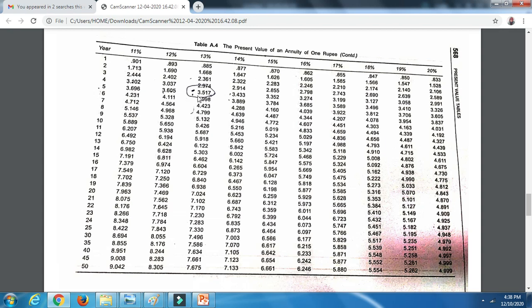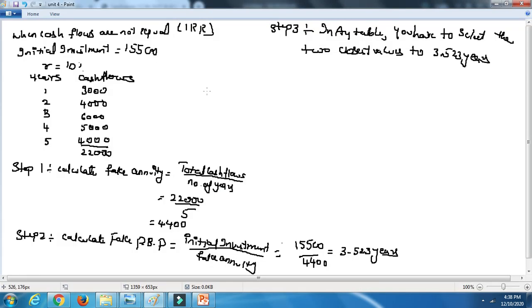This is how you need to do it. You can check out this 5th year, 13% is the closest one. 3.517 is the closest value in the 5th year row, as I have just shown you, and the corresponding percentage is 13%.